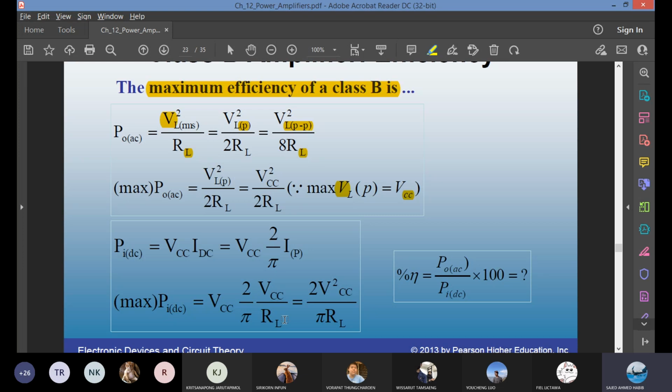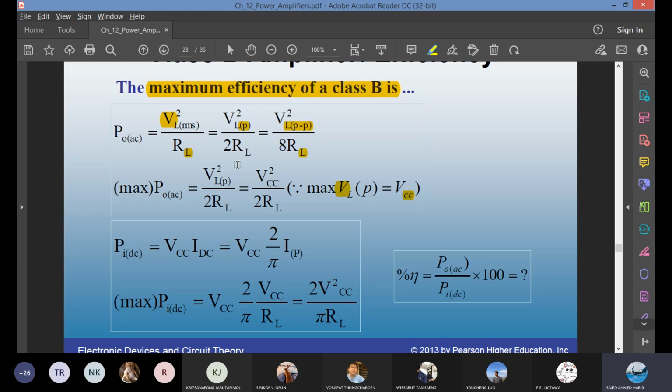That is correct. Maximum input power, when you have maximum IDC, will be VCC times 2 VCC over pi RL, which is 2 VCC square over pi RL. You can just use, instead of VL peak in the output power, VCC square over 2RL.